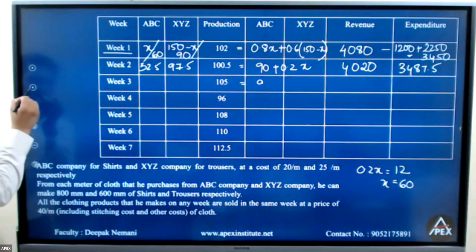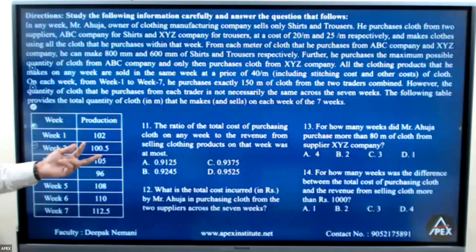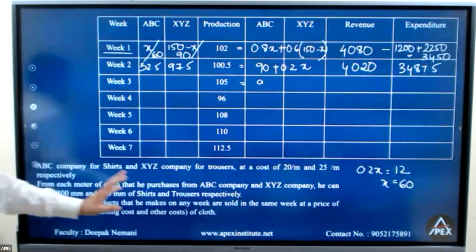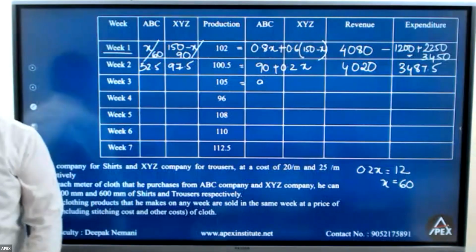Before that, check whether you need to calculate everything. At most, you need to calculate for how many weeks Mr. Ahuja spent more than 80 meters of cloth from XYZ. Total cost, you need to calculate. The difference between total cost of purchasing cloths and revenue from selling cloths more than 1,000. You need to calculate, and once the table is filled, you can answer all the questions.